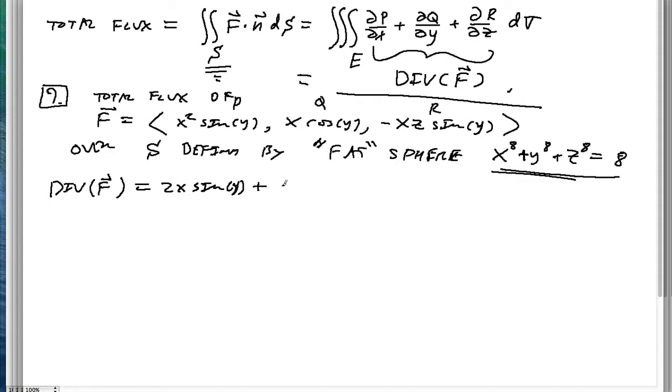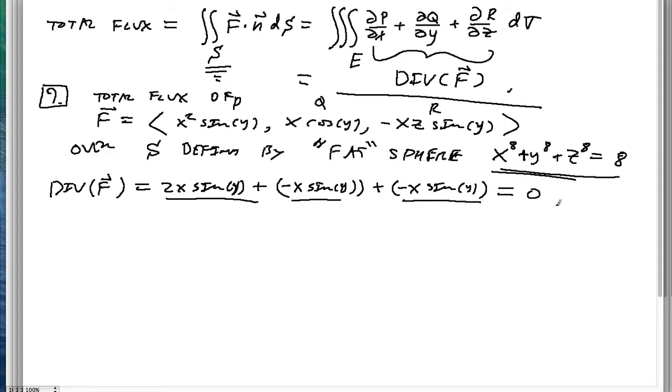And then we get a minus x sine y. And then we also have to add the partial of this component R with respect to z, and that becomes again a minus x sine y. All right, notice that there's 2 x sine y's there, and then a minus 2 of them there. So the net divergence is 0.